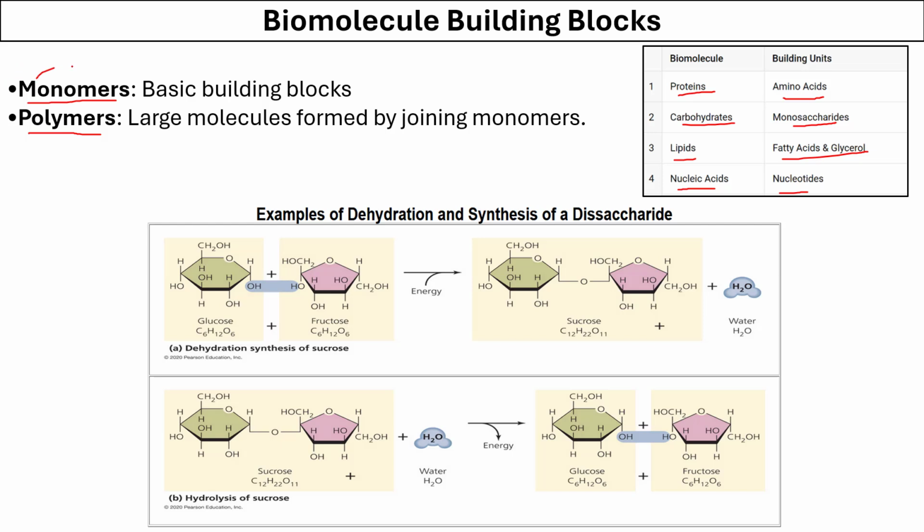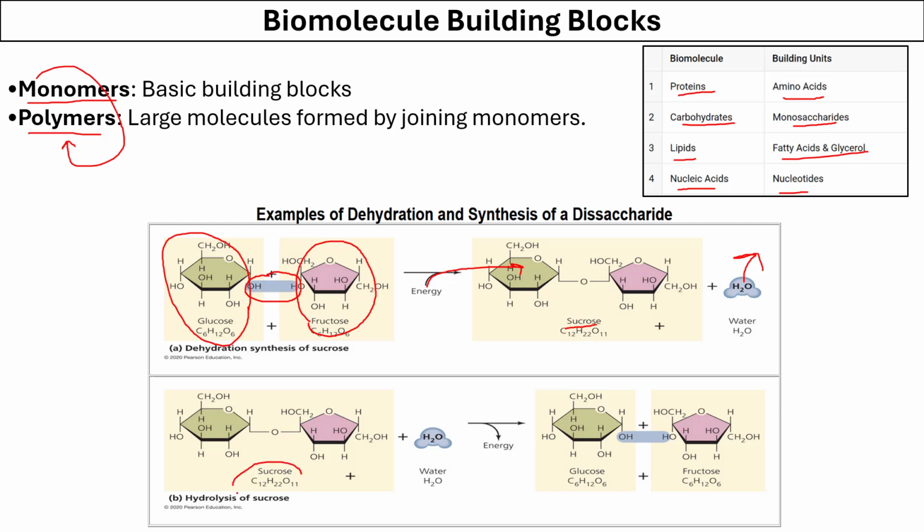So how do these monomers form polymers? Here is a glucose molecule. It's a monomer. This is a fructose molecule. This is also a monomer. They will lose one molecule of water here in a dehydration reaction, and they will join and form a molecule of sucrose.